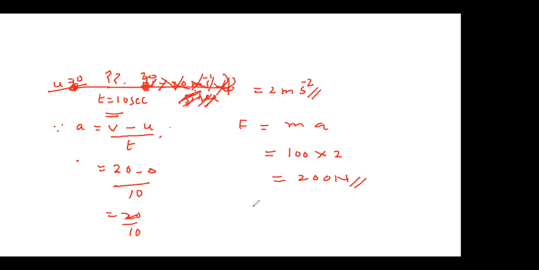Followed? Yes, sir. In the first 10 seconds, there is acceleration, there is force. In the next 5 seconds, nothing of this is there. The body comes to rest after traveling 100 meters by retardation due to friction or an opposing force, not the applied force. So there V is equal to 20 meter per second.